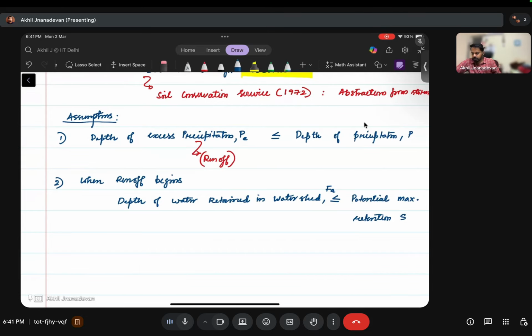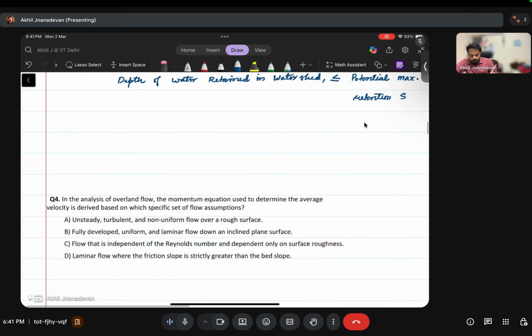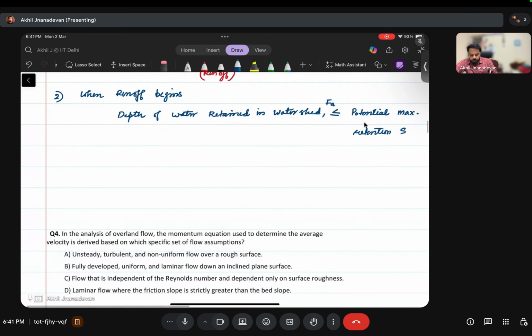So these are the two assumptions associated with it, and you need to see a fundamental hypothesis. Whenever we derive something, we will have a hypothesis, and we test whether it is correct or not.